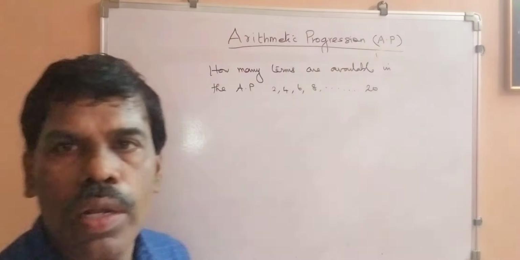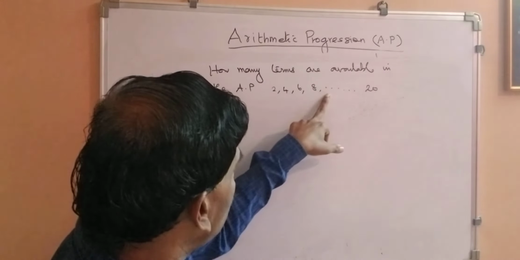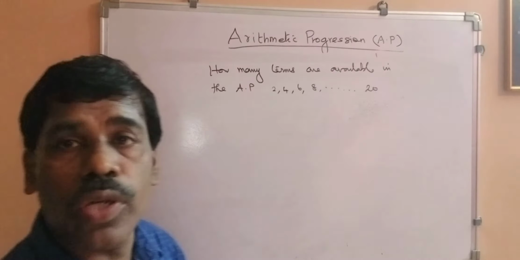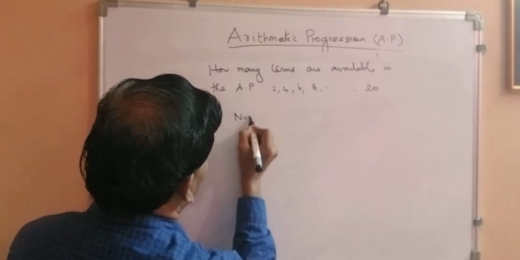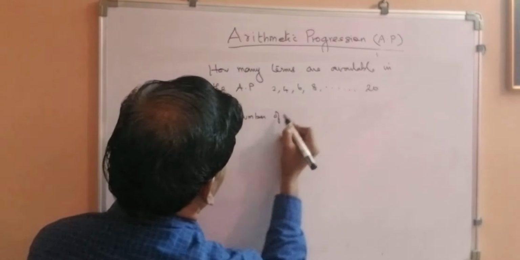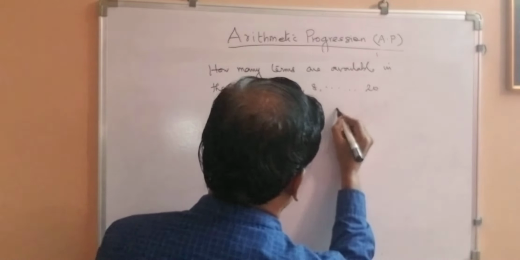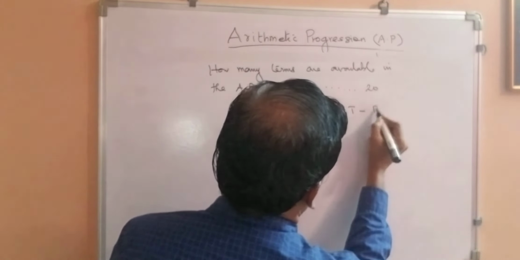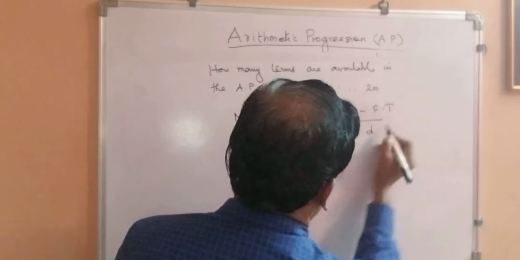That means how many terms are available? 1, 2, 3, 4, then 5, 6, like that. How many terms are there? You can easily find out by using one formula. Number of terms is equal to (last term minus first term) upon common difference plus 1.